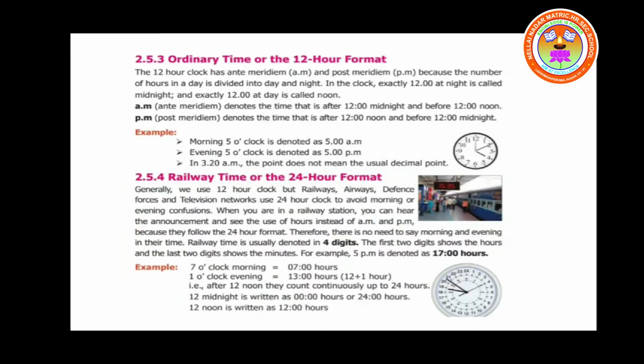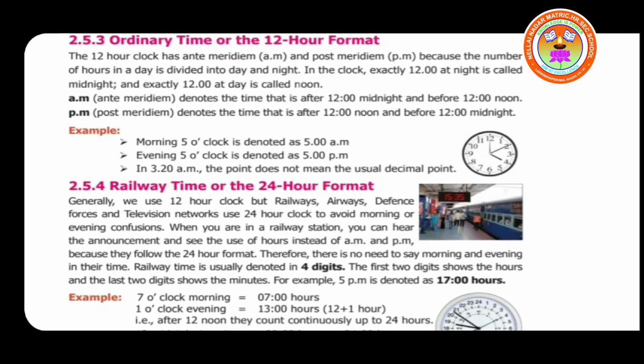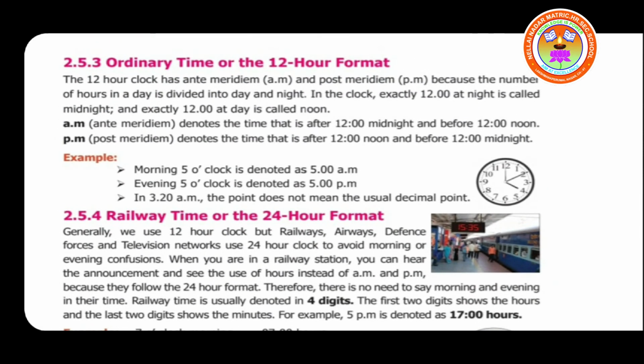Okay, now next, ordinary time or 12-hour format. Ordinary time is called the 12-hour format. You can just listen to what I am reading. Please observe, children: ordinary time or the 12-hour format.